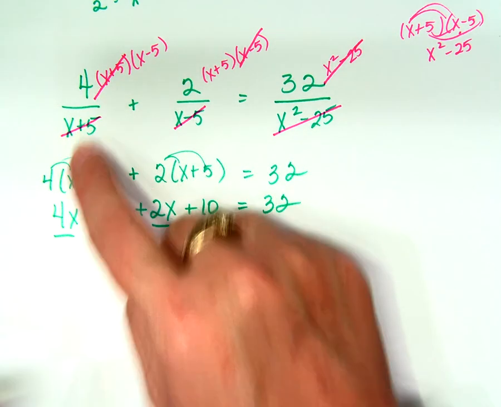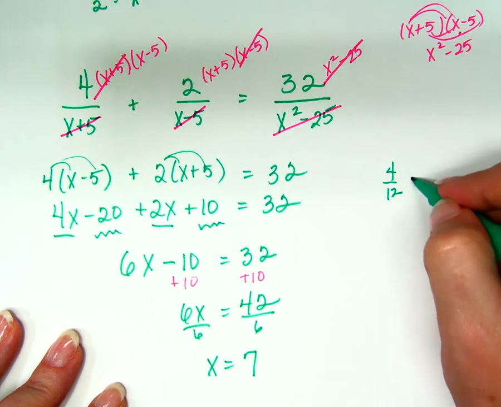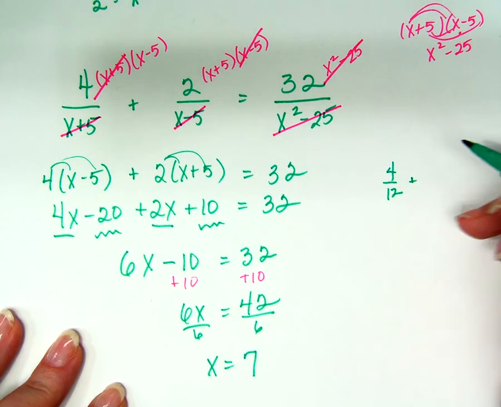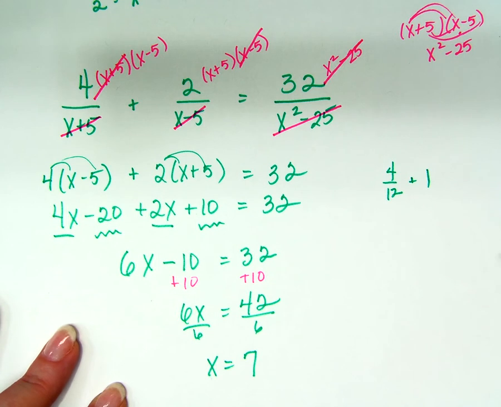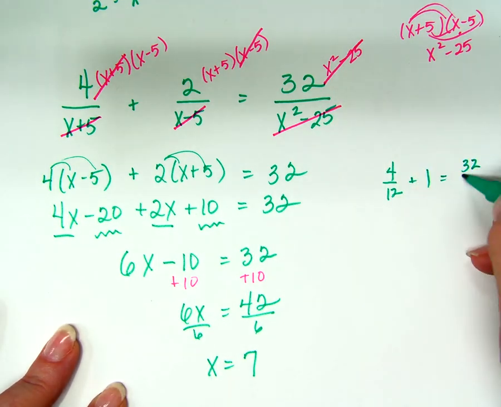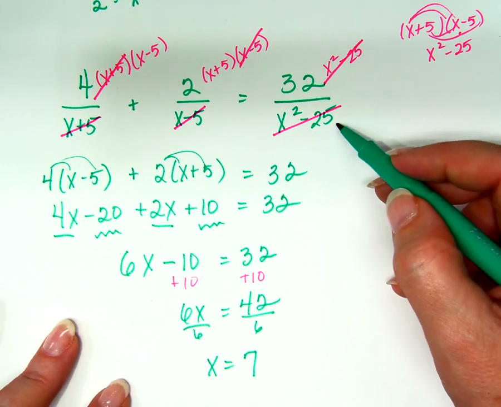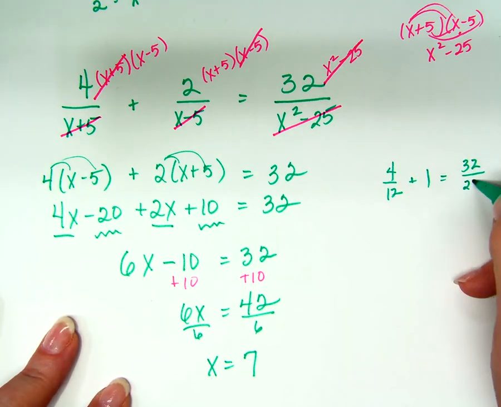4 over 12 plus 2 over 2, which is 1, equals 32 over 49 minus 25, so 24.